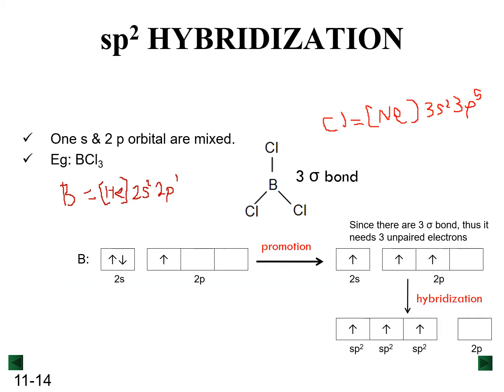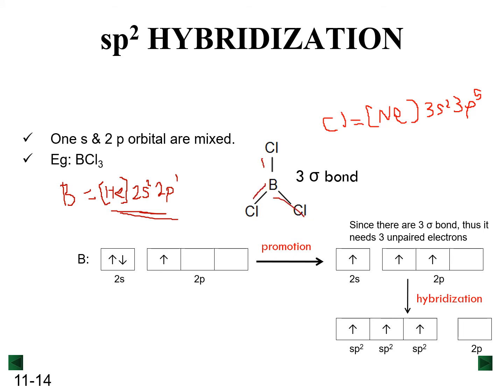Okay, here is an example of sp2 hybridization in the BCl3 molecule. As we can see from the electronic configuration of B, from the valence orbitals, it can contribute 3 electrons to form 3 sigma bonds with Cl.